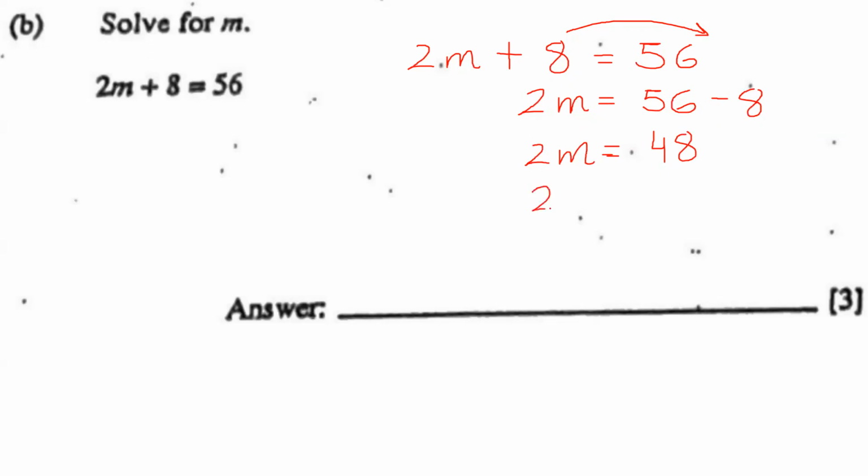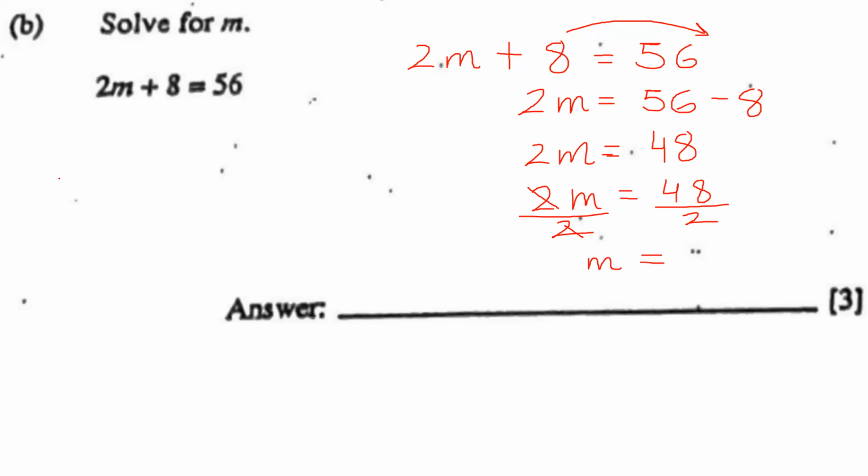We have 2m equals 48, but it's going to be 48 divided by 2. So these two cancel. So m is going to be equal to what? 48 divided by 2.